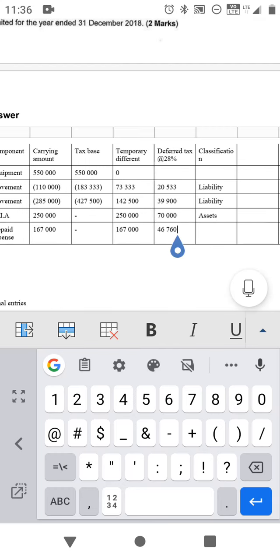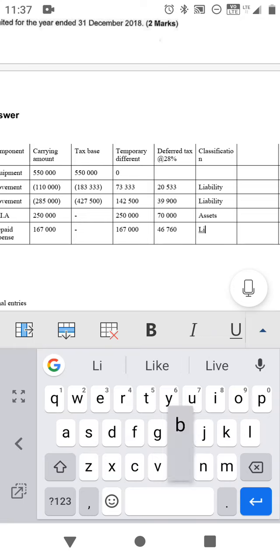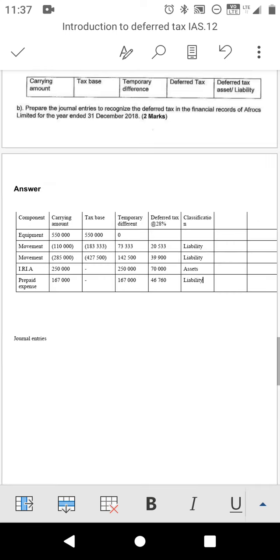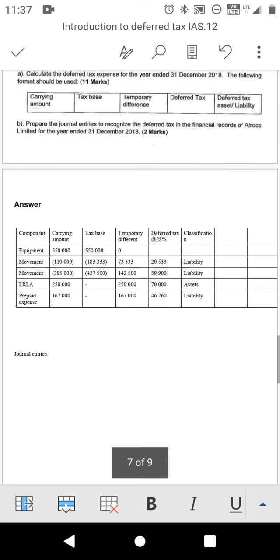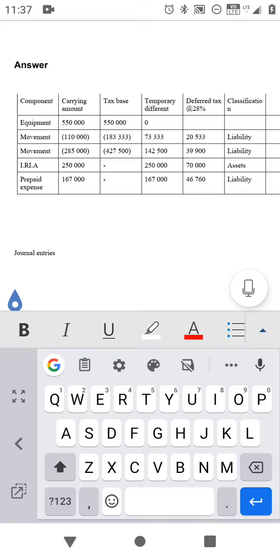Now the question, is it an asset? Is it a liability? In a normal transaction, it's an asset. Simply means that in this case of deferred tax, it will be a liability. Simple as that. So this is how you should compile your table. Then let's go to the journal part.